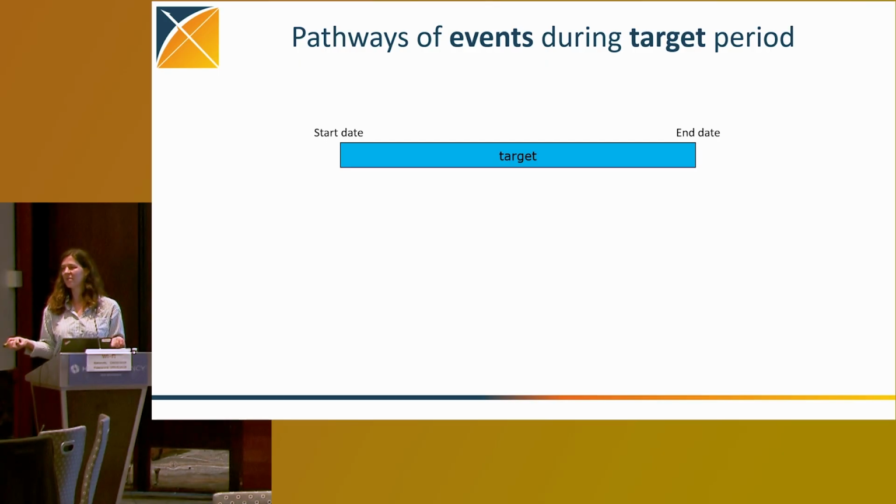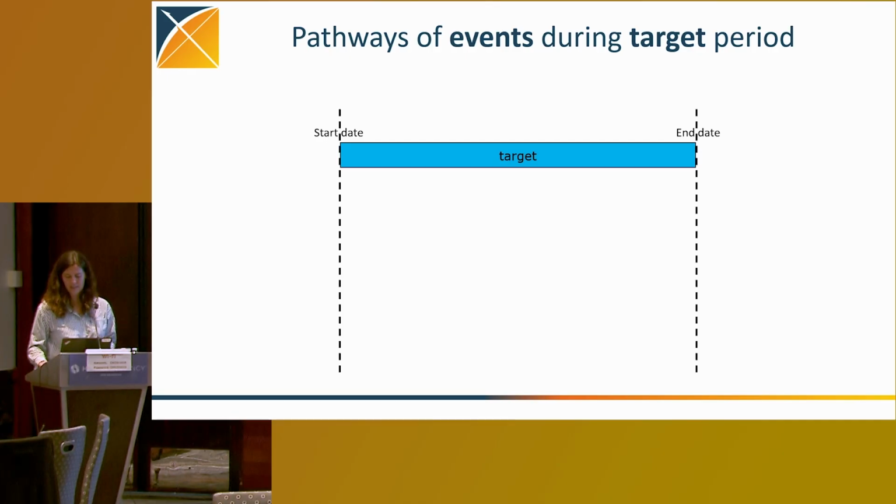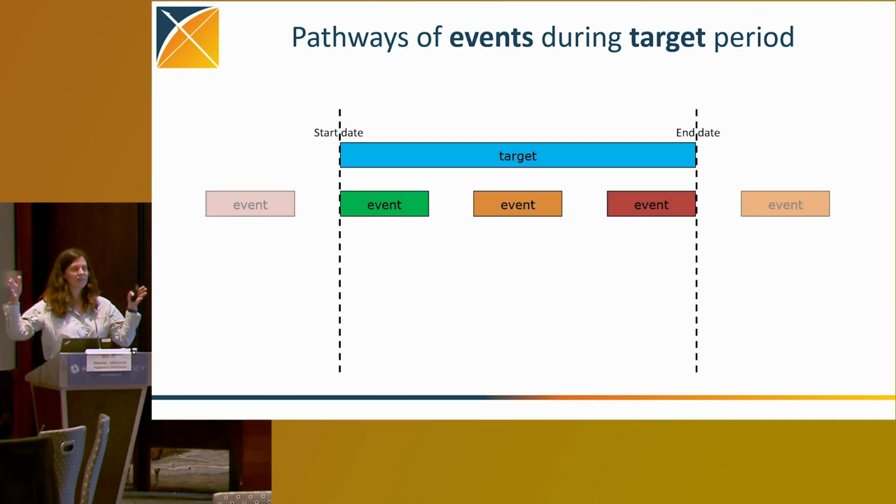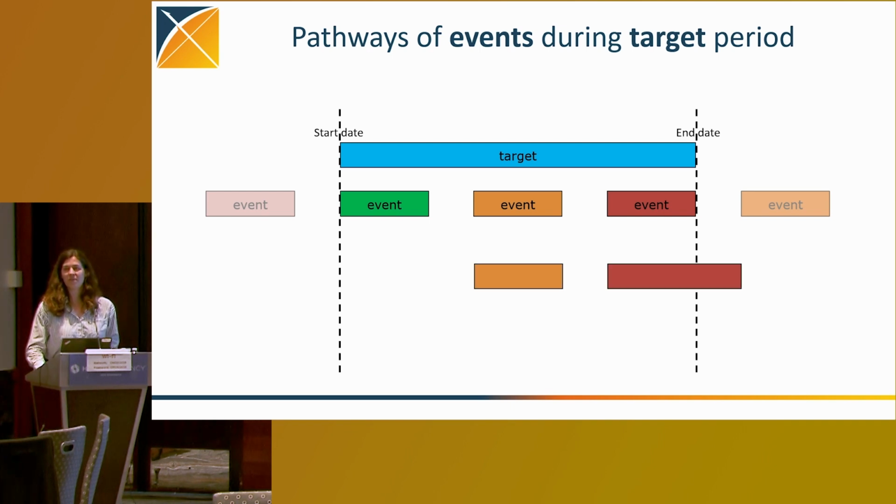So your target cohort study population always has a start date and some continuous observation time, so also an end date. We're interested to look at all the events that occur within that period. So this is the first thing that's important to realize. So these kinds of events would be included. However, here the event at the start in green would not be considered in the package.